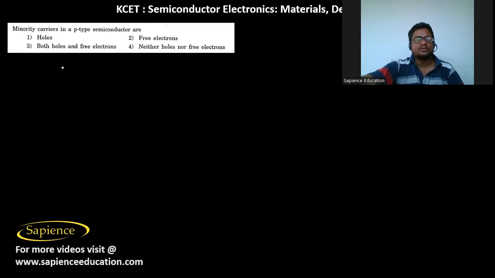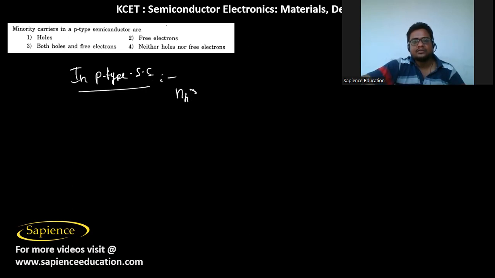And here it is told, minority carriers in a p-type semiconductor are. So in a p-type semiconductor, we have an excess of holes. So it means the number of holes is much more than the number of free electrons.